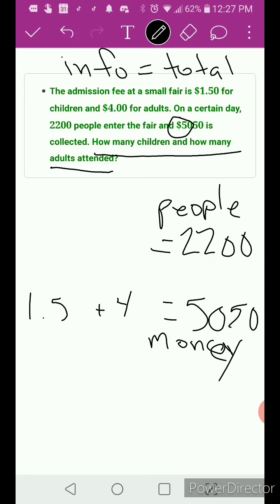How many children? How many adults? Well, my variables must be children and adults. So we'll go C and A. Which one of these gets the C, 1.5 or 4? Which one gets the A? You guessed it.